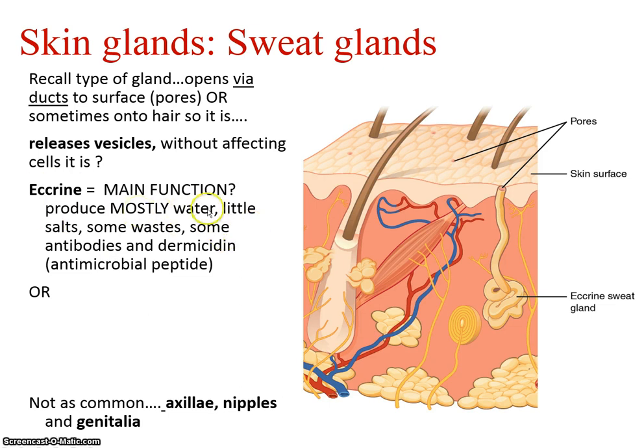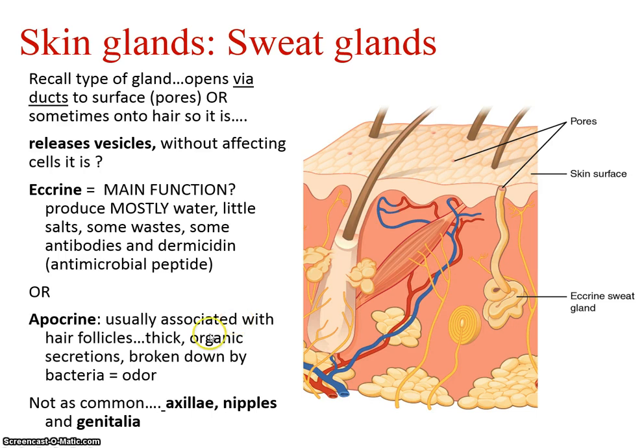There's mostly water here and some salts, some excretion done, that function that we talked about in the first video. There are antibodies and some antimicrobial proteins, small proteins, peptides, that we find in our sweat too to help protect us, right? If they are apocrine, again, we discovered that both of these secrete in a merocrine manner, little vesicles excreted. They're usually associated with a hair follicle.